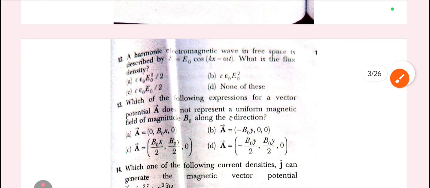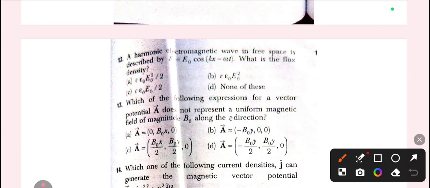Question number 12. A harmonic electromagnetic wave in free space is described by E equals E naught cos of kx minus omega t. What is the flux density?